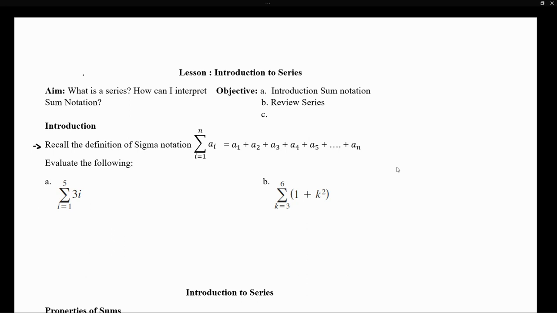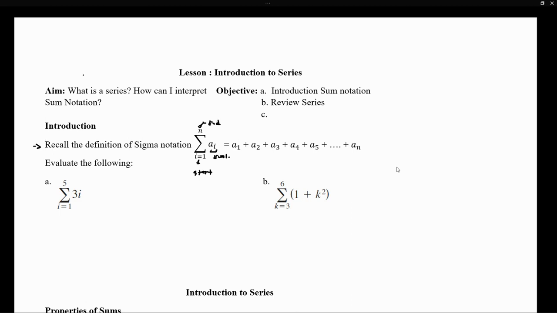And recall that when we use sigma notation, what we have in front of the sigma is the expression that we're going to be evaluating, the bottom of the sigma notation is my starting point, and the upper part of the sigma notation is my ending point. So this is how we read sigma notation.